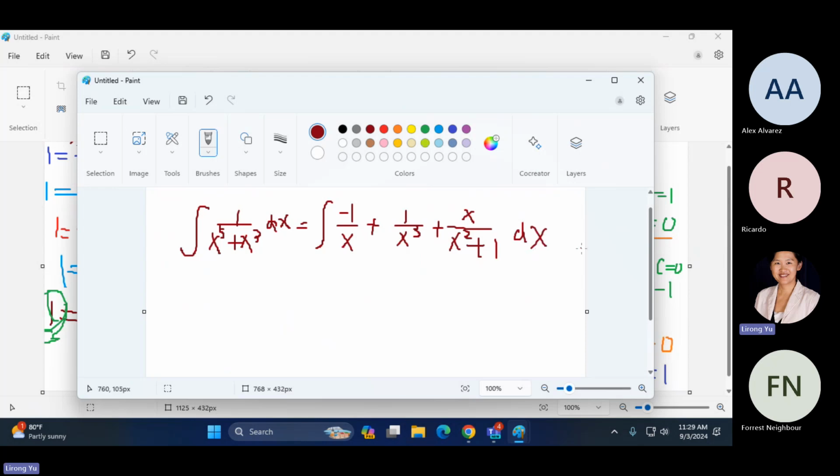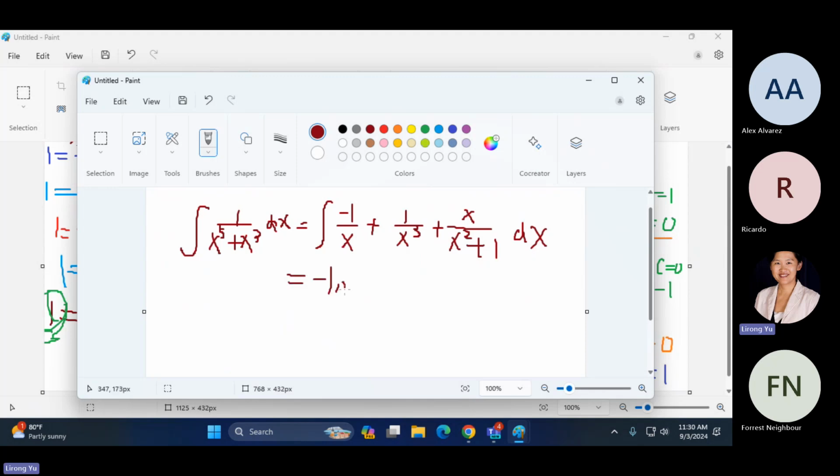Right, so what we were going through is a partial fraction. We rewrite that fraction into several small fractions, and I'm going to integrate them one by one. The first one has degree 1 in the denominator. Remember how to integrate that one? How do we integrate 1 over x? Yes, it's natural log of x.